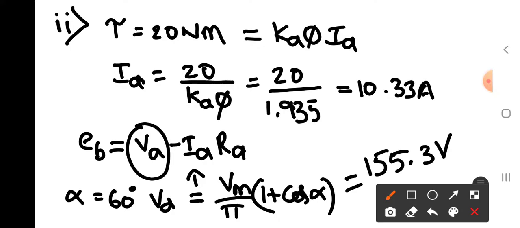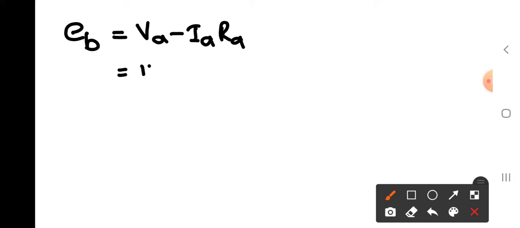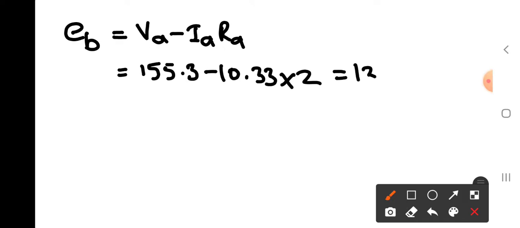Then Eb is equal to Va minus Ia into Ra, where Va is 155.3 minus 10.33 into 2, which is equal to 134.7 volts. I assume that Eb is the back EMF at the unknown speed.